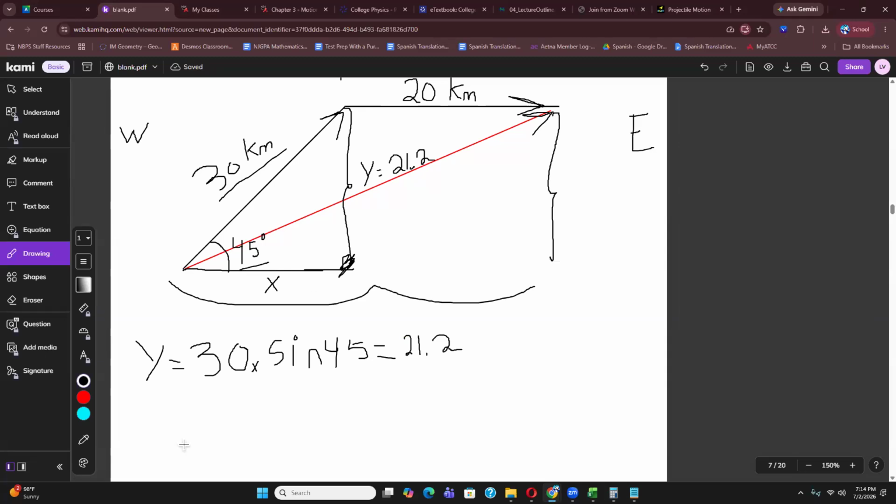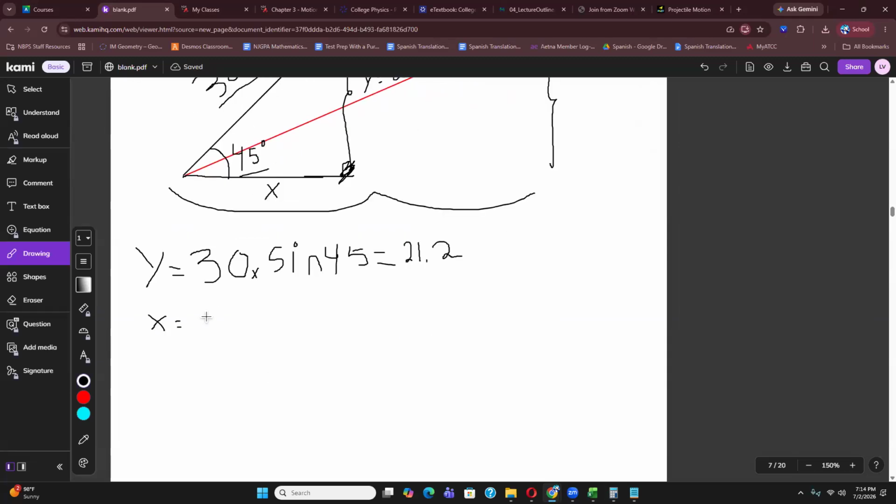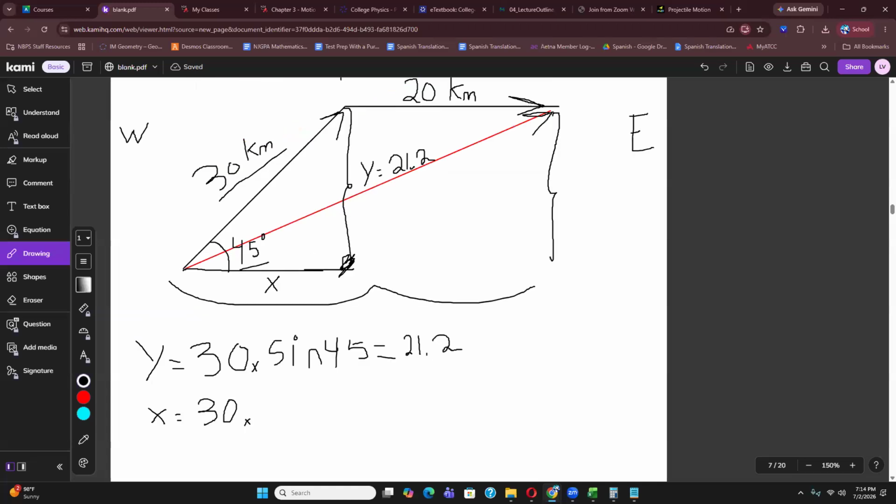And the x component is 30 times what? Times cosine of 45. But sine of 45 and cosine of 45 are the same. So guess what? You get 21.2 as well. So the y component is 21.2 kilometers. It's the same here, 21.2 kilometers.